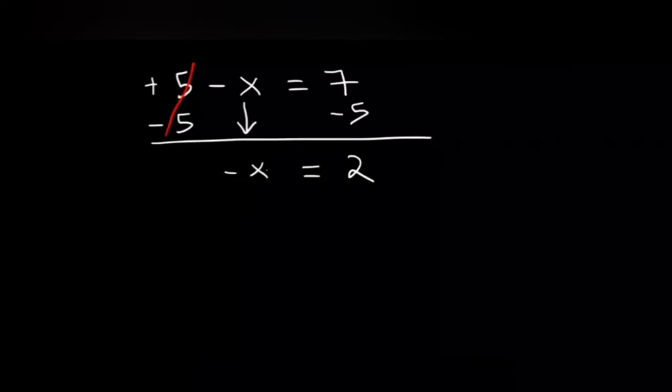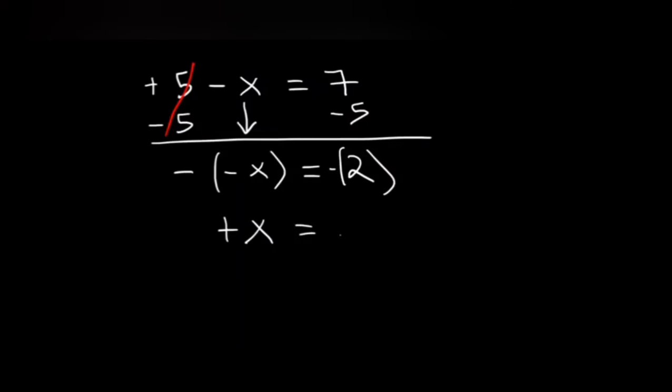Now, to remove the minus, you multiply both sides by a negative. As you can see, negative times negative gives you plus x equal to minus 2. So our x is equal to minus 2. Simple as that.